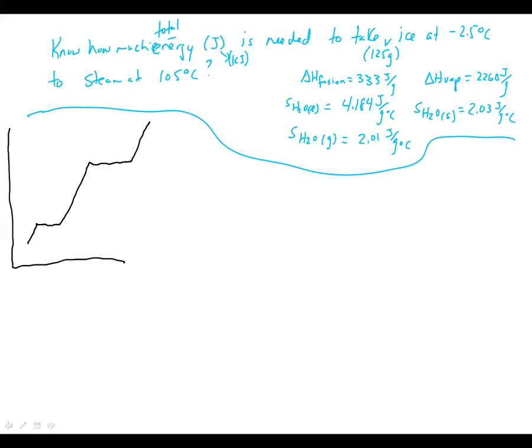Again here, not drawn great, but we're going to call this 0 degrees Celsius, which is our normal freezing point. Very badly drawn one there. This will be 100 degrees Celsius coming this way. So when we think about where we're starting, this is our ice, this is our liquid water, and this is our gas water, or steam, up here.